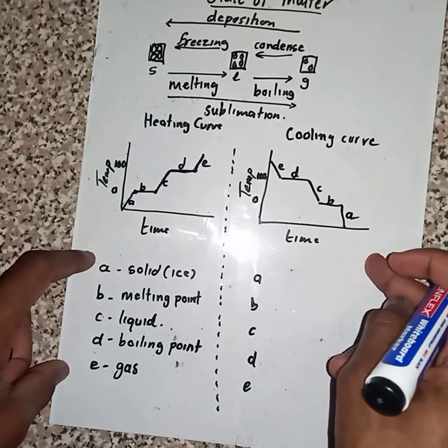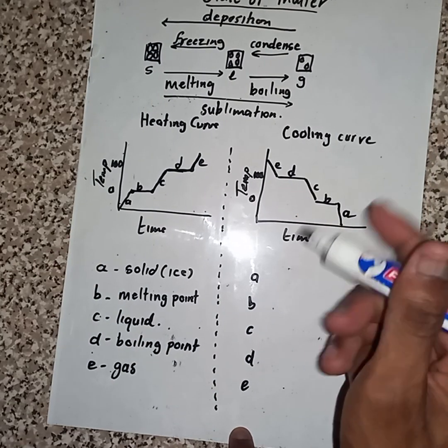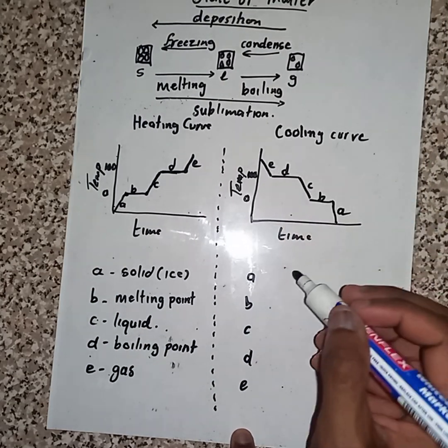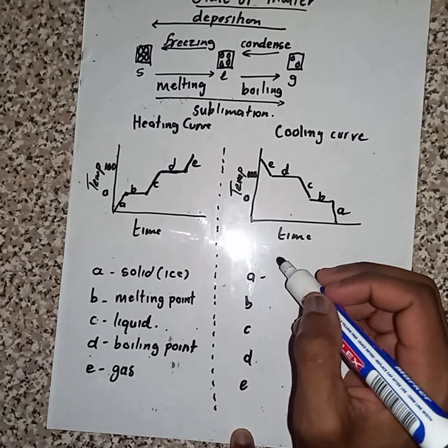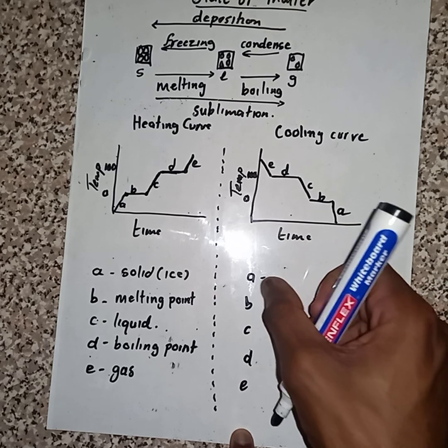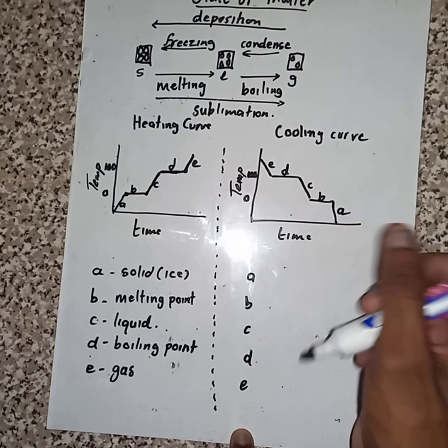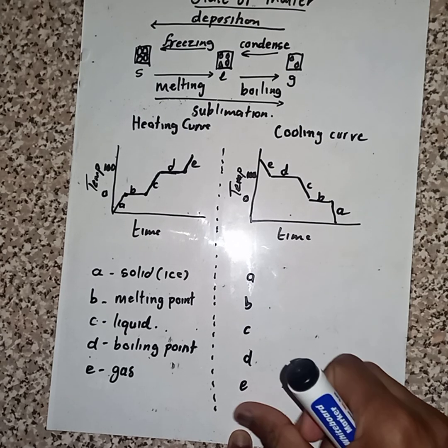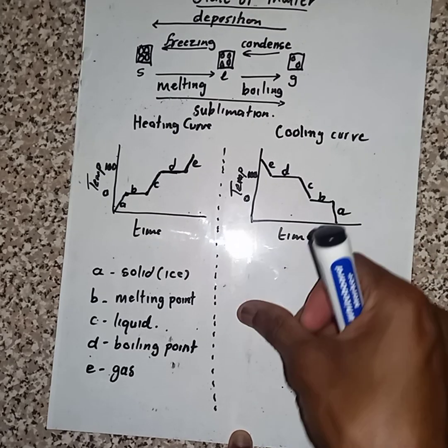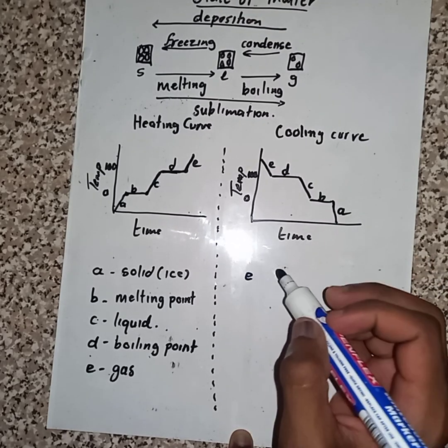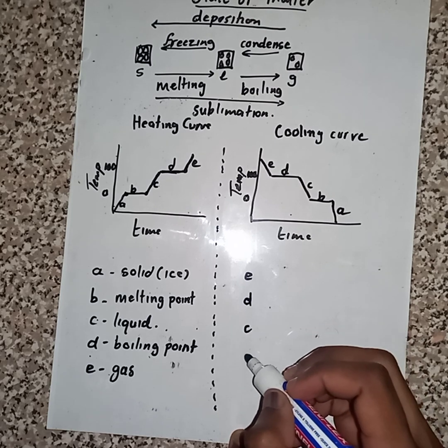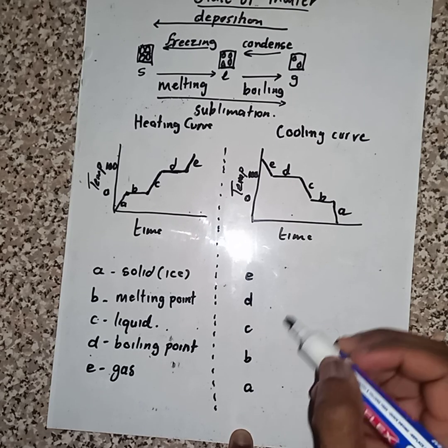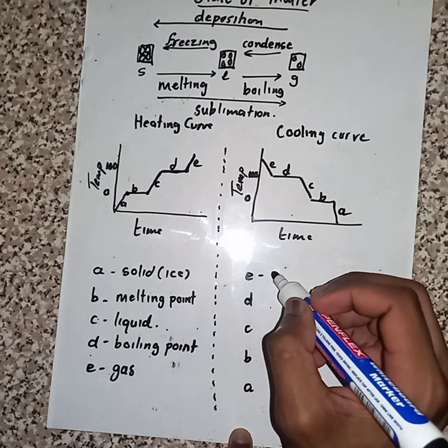Somehow it's like we are going to start with E and go up like this. Let me start with E, then D, C, B, A. At E, we get what?